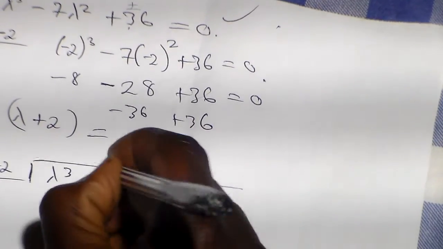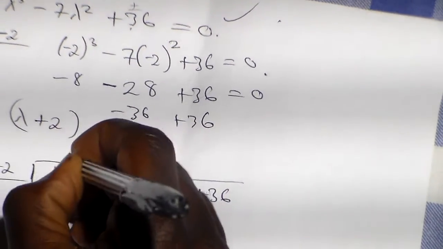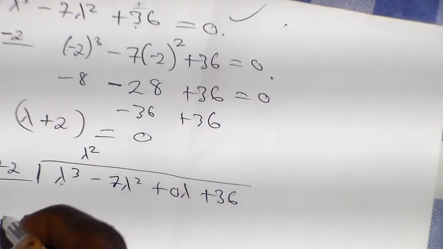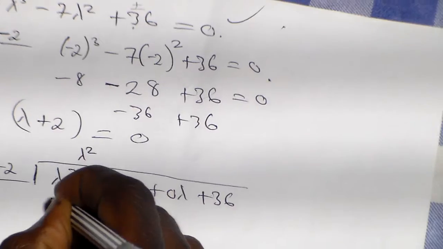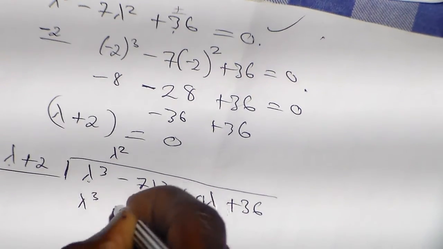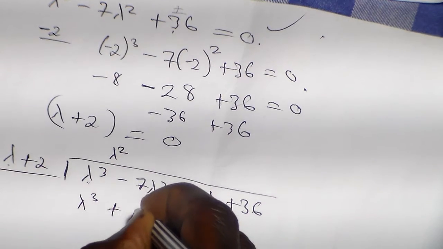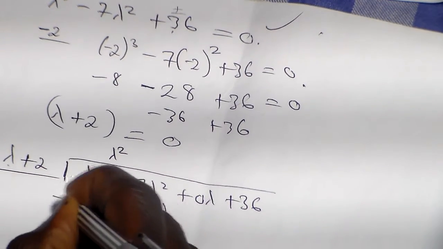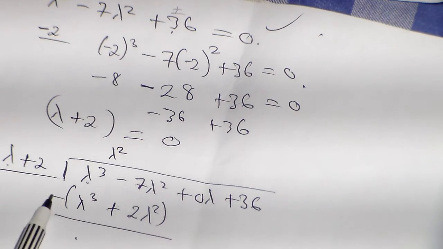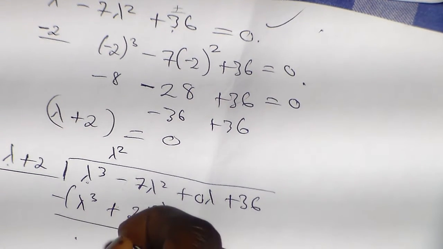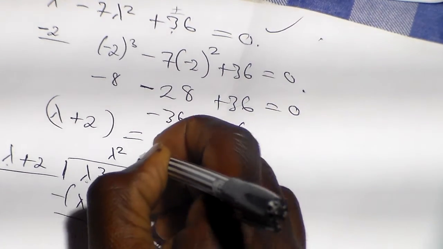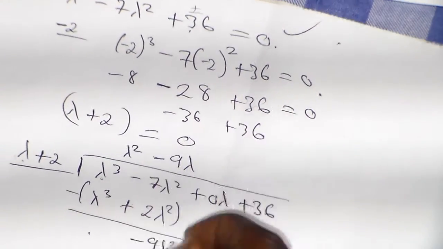Okay, lambda into lambda cubed, that's lambda squared. Then if you say lambda squared times lambda, that's lambda cubed. Then here we will get plus 2 lambda squared. Then we subtract, here we get a 0. Minus 7 minus 2 lambda squared, that's minus 9 lambda squared. Here we get minus 9 lambda.